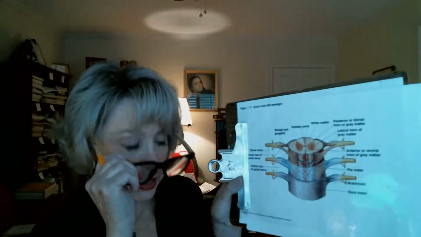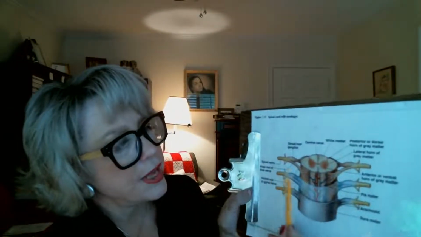First thing I want to do is go over what you already know. I just want to use this as something of a reminder. Here is a transverse section going across the spinal cord. You can see the white external cord and the gray internal cord, as well as the central canal.